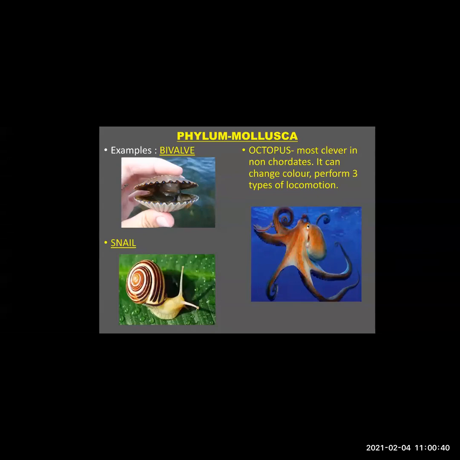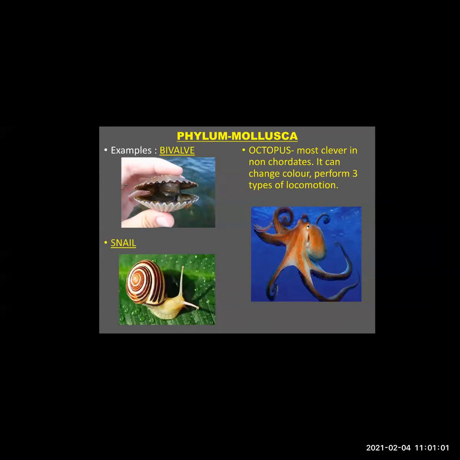And the important one was the body is divided into three divisions: head, foot, and visceral mass. The visceral mass is enclosed in the mantle, and the mantle secretes a hard calcareous shell.